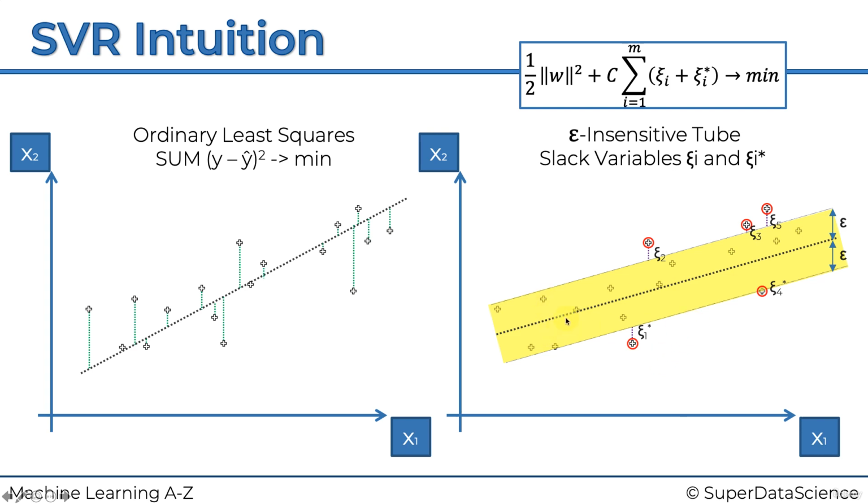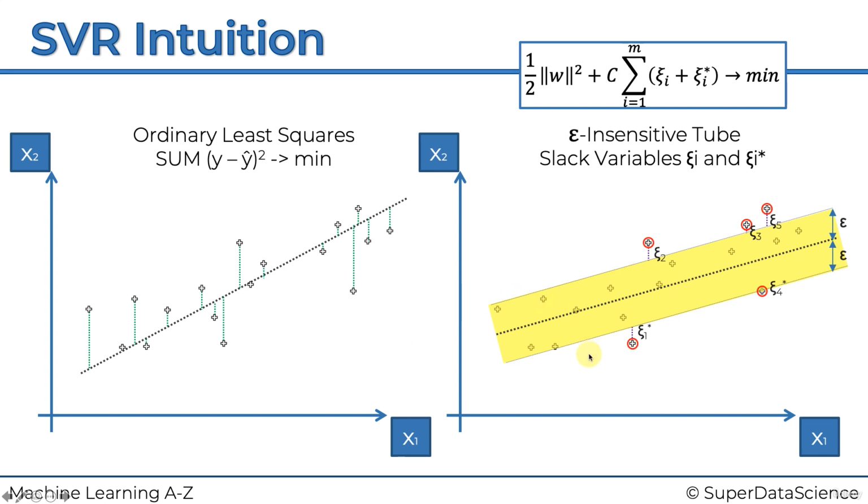So the error within the tube is completely disregarded. We don't care about the error, unlike in ordinary least squares. So we're giving some kind of buffer of flexibility to our tube, accounting for some kind of error that we might expect in the data. It's normal sometimes for there to be error, but the points outside are important to us.